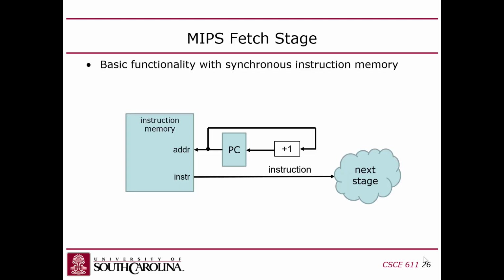Okay, so how do these stages look? The fetch stage is really simple. It's really just the program counter connected to the instruction memory as well as an incrementer. So the program counter will increment every cycle, so it's just a counter, really. You guys have done counters. You did a counter in your stack for the RPN calculator.